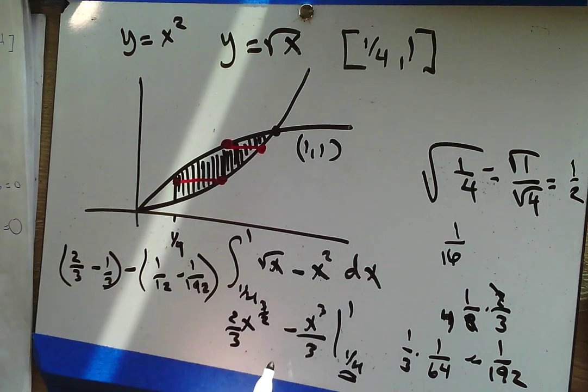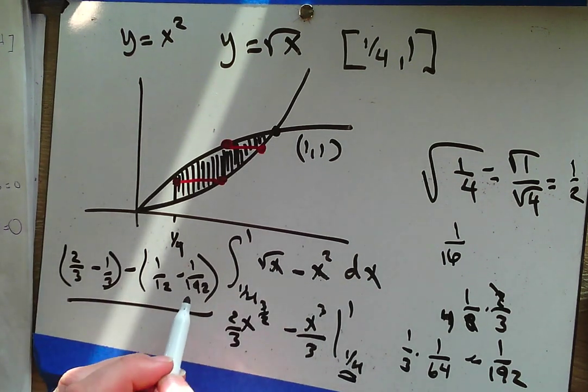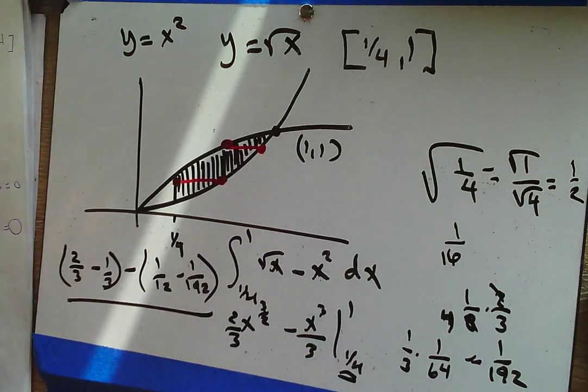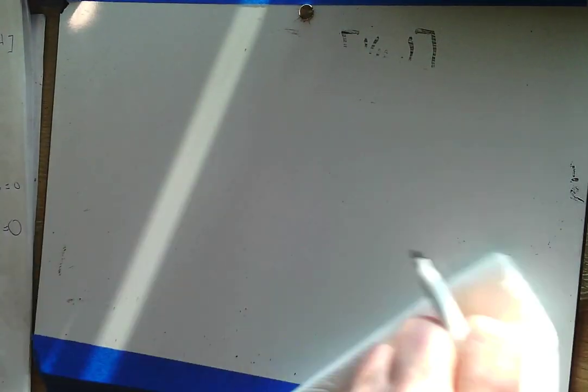Now we're all smart enough at this point to know we're going to stop here because AP is okay with that. Otherwise, we'd have to make that common denominator with 192. And I don't really want to do that now. So we're moving on. How about this one?